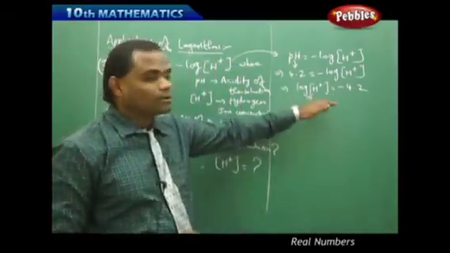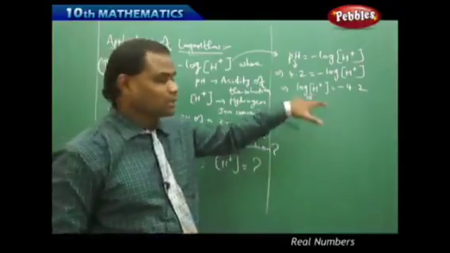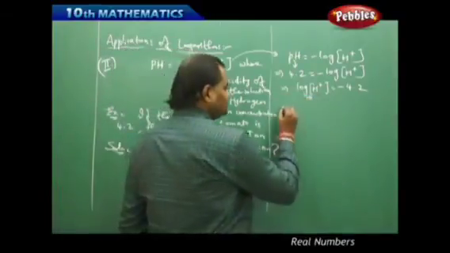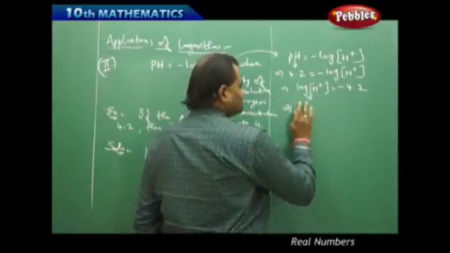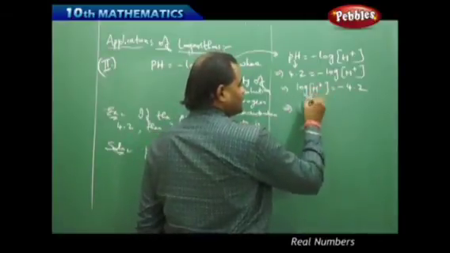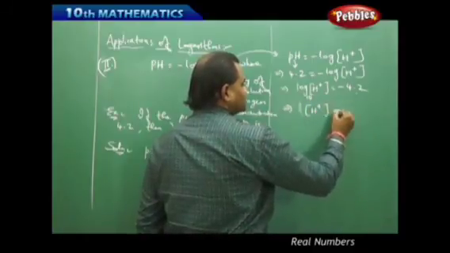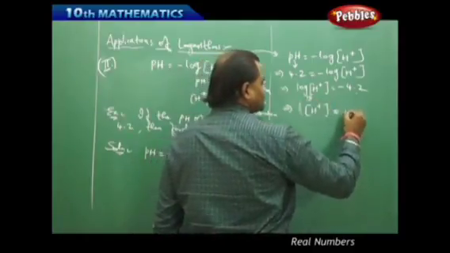Now this is a logarithmic equation which I want to convert to exponential form. How do I do that? This can be converted as: log a to base b is c, so a is b power c. So this forms the base of the exponent.